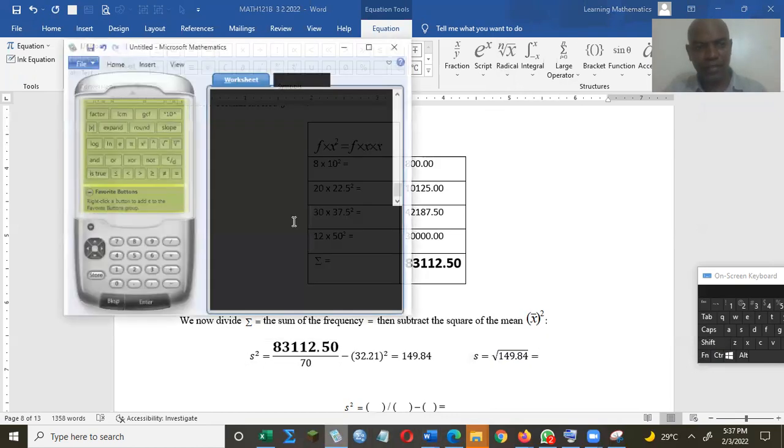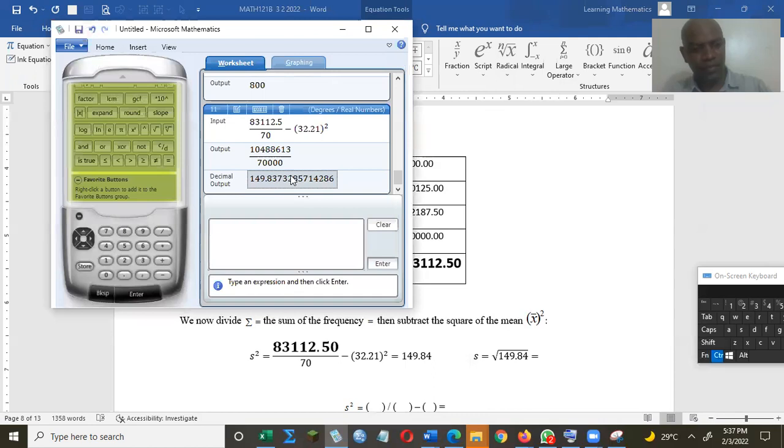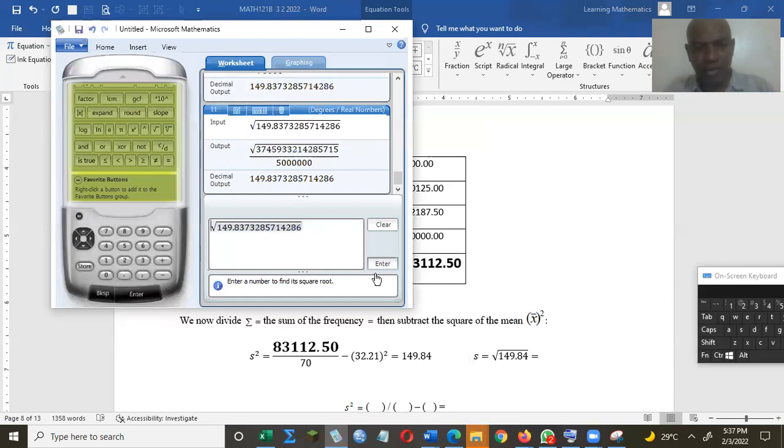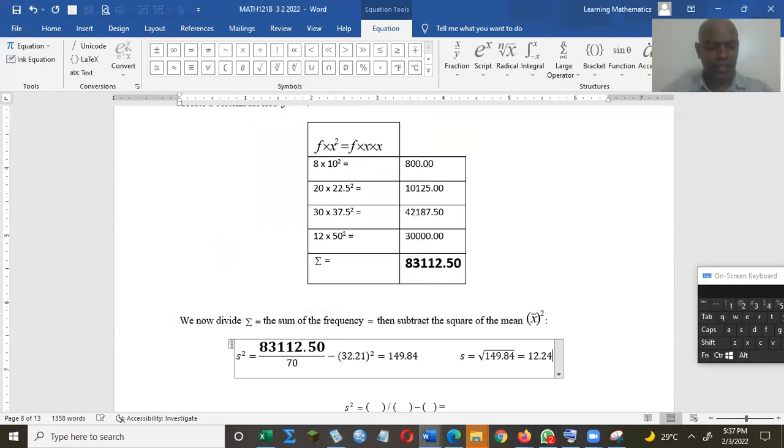Back to the calculator. Control C, square root, Control V, enter, 12.24 centimeters.